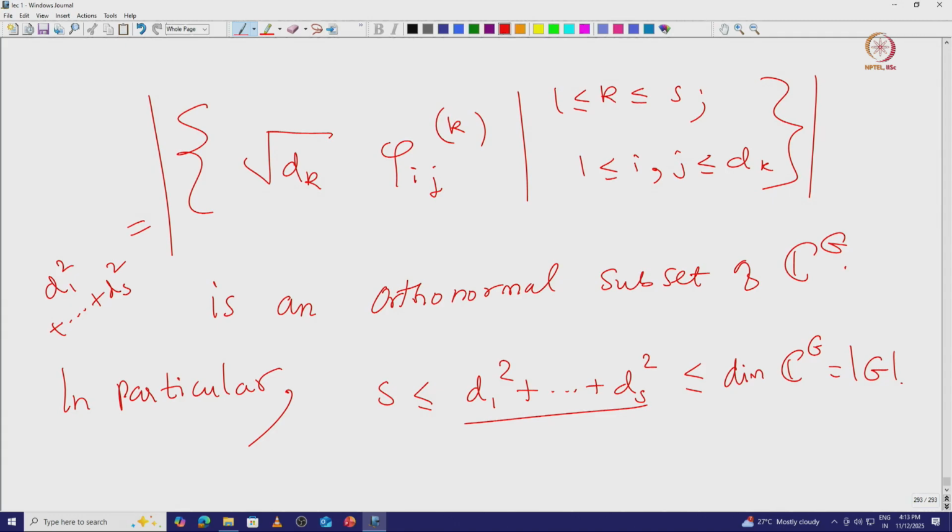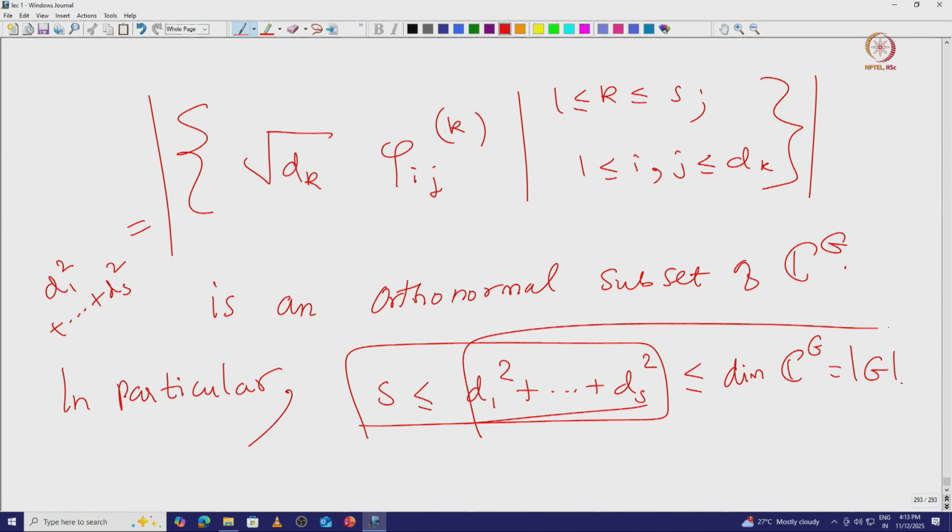So, as an immediate corollary, we get that the number of inequivalent irreducible representations will be at most the cardinality of G, but anyway we already proved that it is going to be at most the number of conjugacy classes of G. So, this is indeed weaker, but there is something interesting: the sum of the d_i squares is going to be at most the cardinality of G. And this immediately follows from the Schur orthogonality relations, because whenever we take inequivalent irreducible representations phi_ij and rho_kl, they are going to be orthogonal to each other.